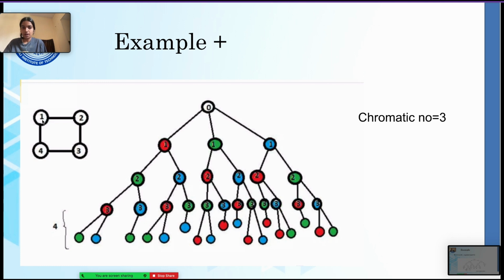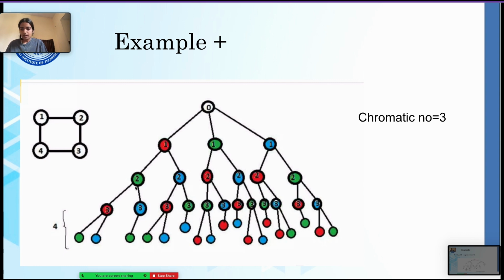After choosing one, we can color it with 3 colors, as we have a chromatic number of 3, meaning the minimum colors required to solve this graph is 3. So we have 3 options to color vertex 1. After coloring vertex 1 red, we have 2 options to color vertex 2, as no adjacent vertex can have the same color.